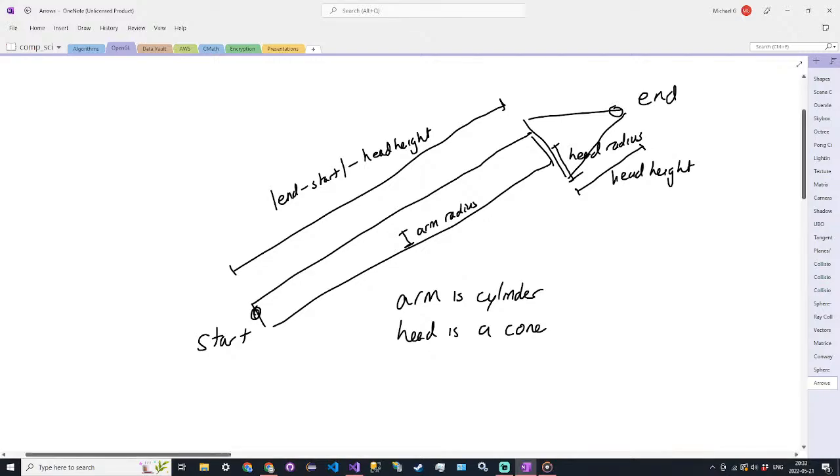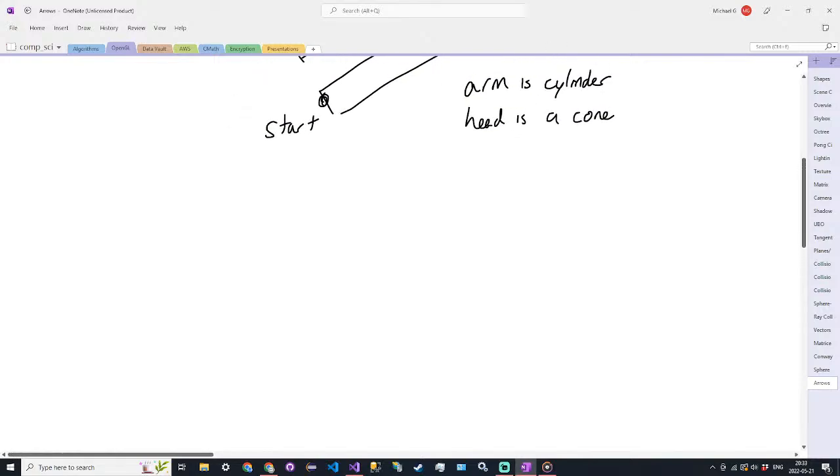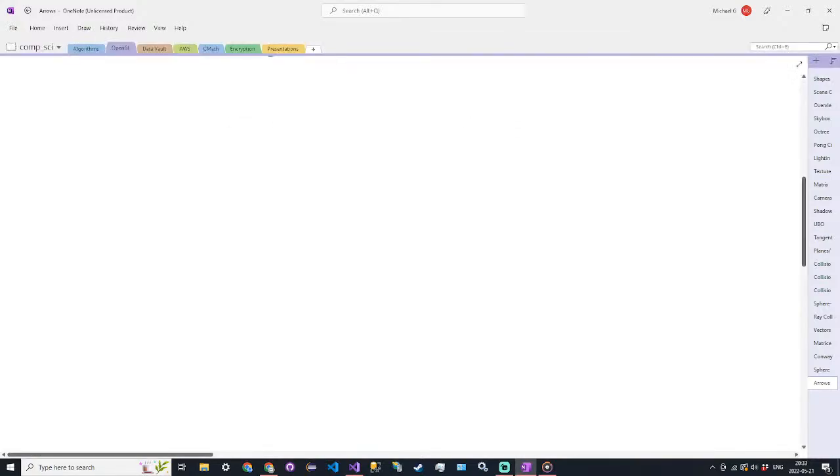Now, we're going to have to figure out some way to transform this stuff, because we have a start and an end point, and they're not always going to be along some axis. For example, let's say we started with a base along the y-axis. This is j hat, and we have our arrow going from the origin, and let's say it stops over here. So our start is here, end is here, and then we have the other dimensional parameters.